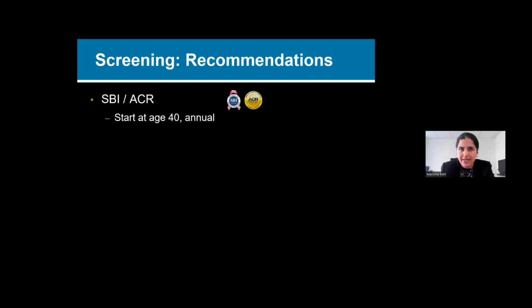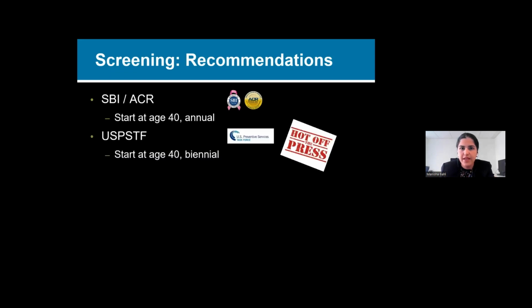The Society of Breast Imaging, or SBI, and the American College of Radiology, or ACR, recommend that screening start at the age of 40 and that women undergo screening every year, annually. The United States Preventive Services Task Force, or USPSTF, just released updated guidelines a few months ago, also recommending that screening start at the age of 40.